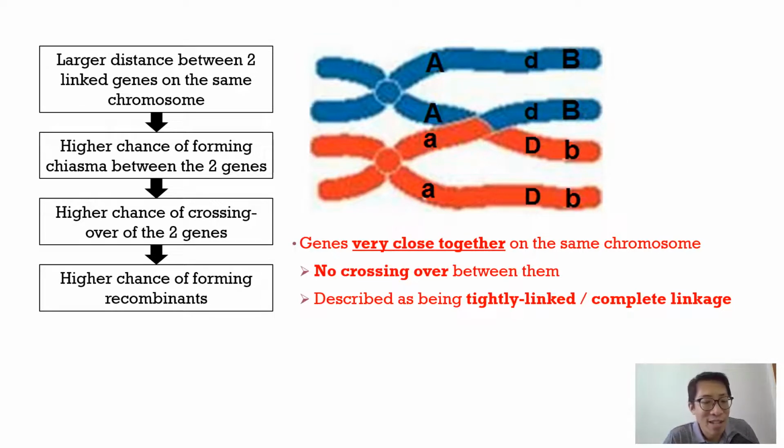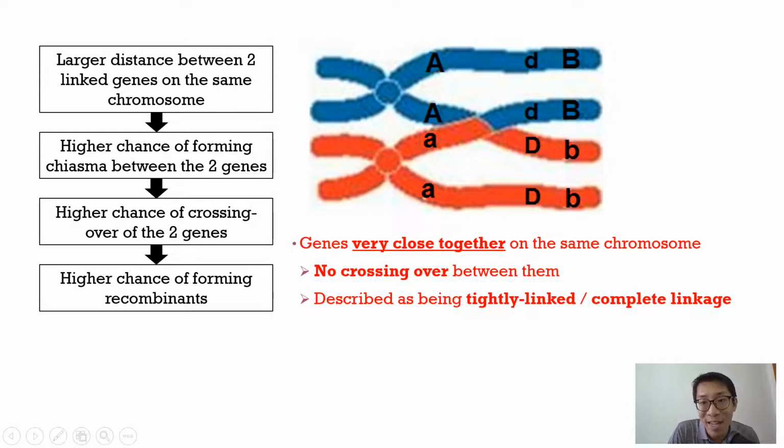When they are so close together, the chance of having the chiasma between the two genes is low, and therefore the chance of forming recombinants is low. So crossing over is not likely to occur between these two genes, and the alleles on the same chromosome for two tightly linked genes would always be inherited together.